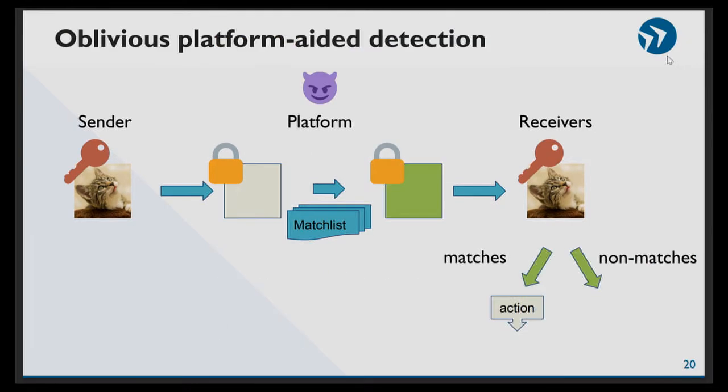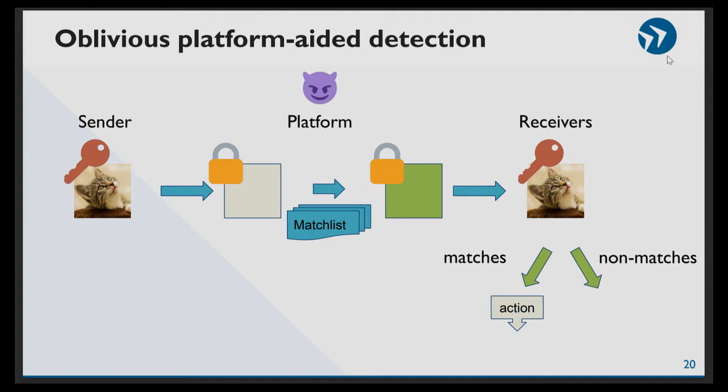You could also do a version where the platform just obliviously changes the encryption without knowing whether or not a match occurred, and it is then passed all the way on to the receiver, and the receiver has the cryptographic information able to learn whether there was a match or a non-match.